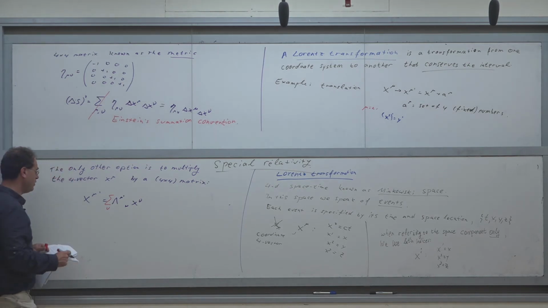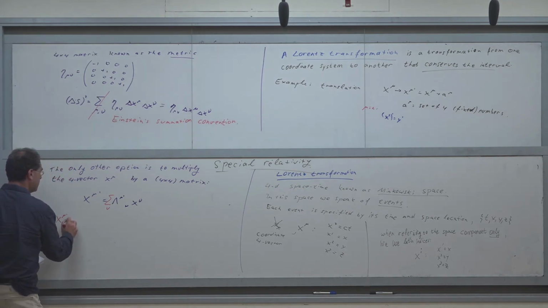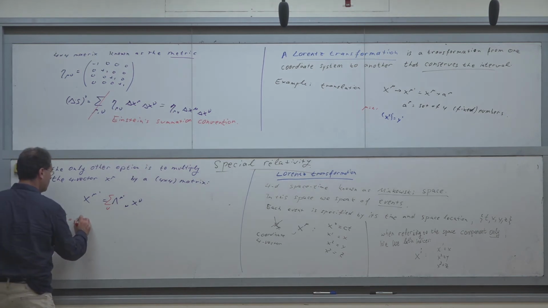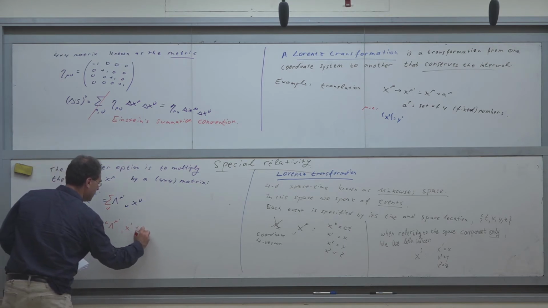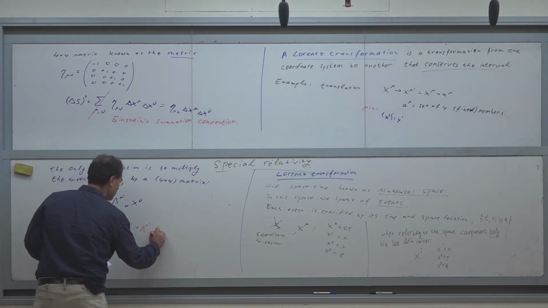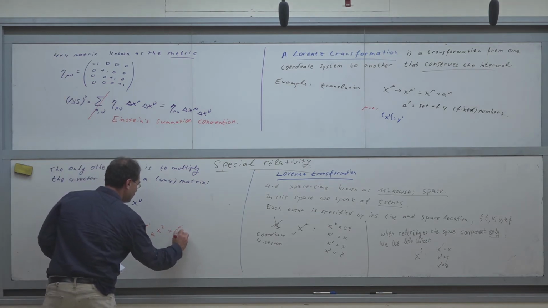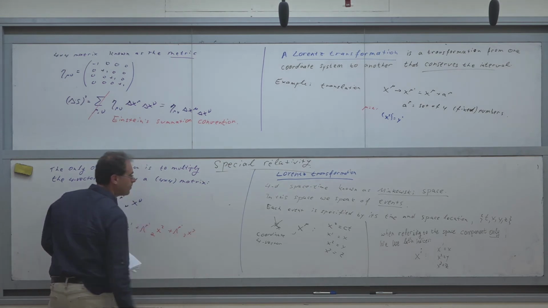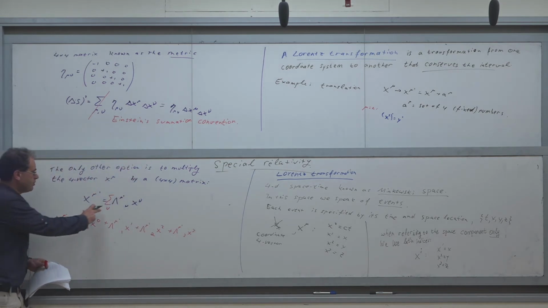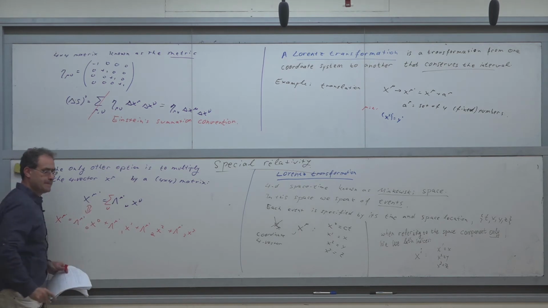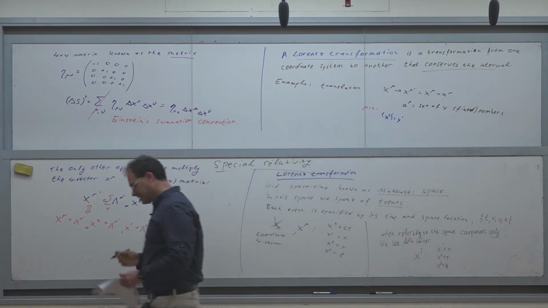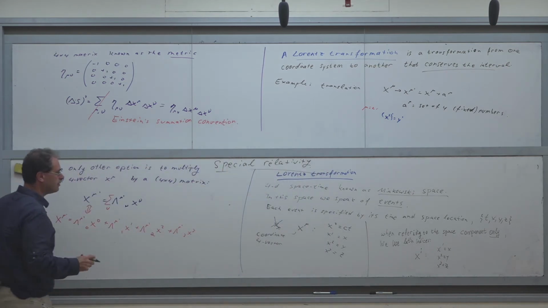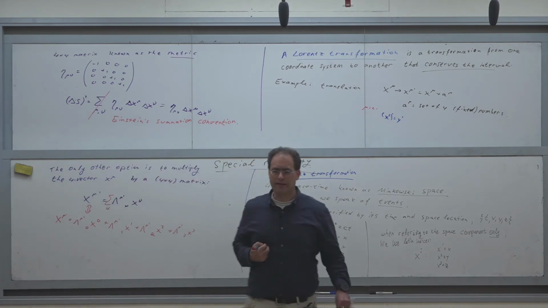So what is really written here is x mu prime is equal to lambda mu prime 0 x 0 plus lambda mu prime 1 x 1 plus lambda mu prime 2 x 2 plus lambda mu prime 3 x 3. That is what is written here. I can also write it as x prime equals lambda x, but I'm not going to use that, so let's not even write it down.